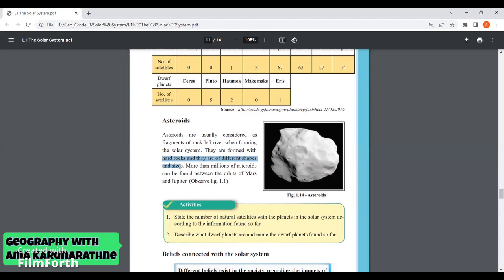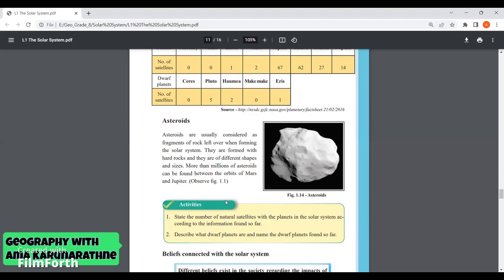When this huge explosion happened, rock particles got together and formed planets, but some of the rock particles were left over. These small or bigger rock particles, we name them asteroids. These are the fragments of rock particles that were left over when forming the solar system. So we can see millions and trillions of asteroids between Mars and Jupiter.